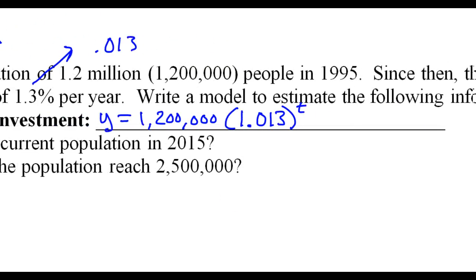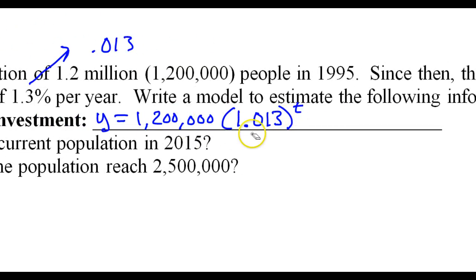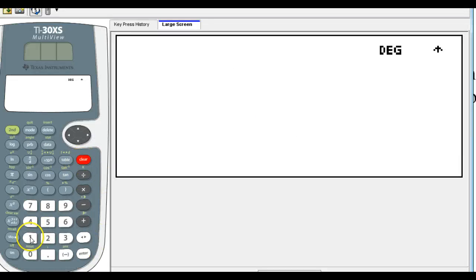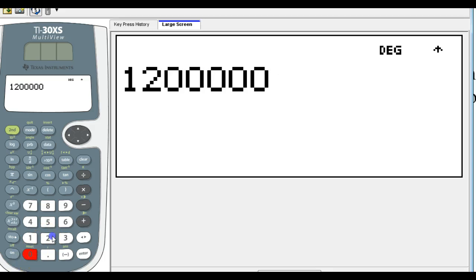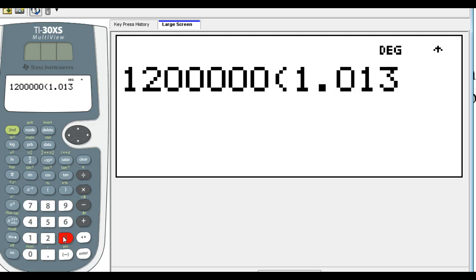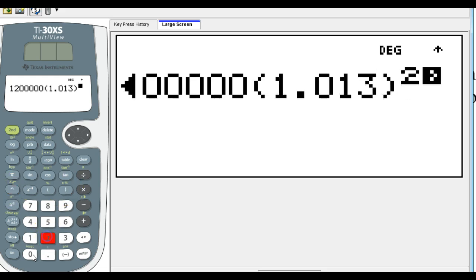If we use this and let t be 20, it was 1,200,000 times 1.013 to the 20th power.